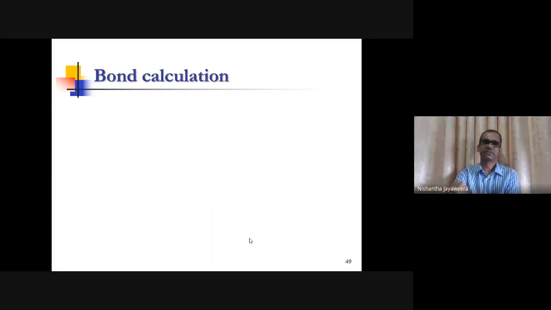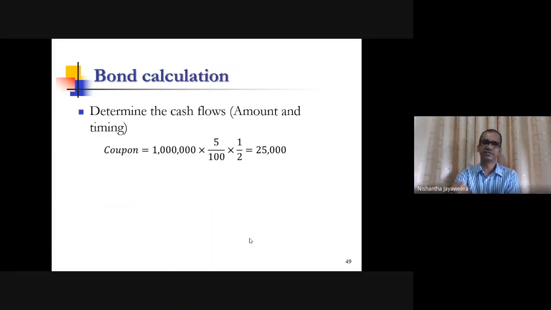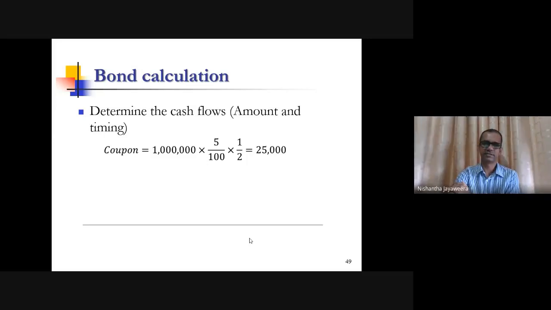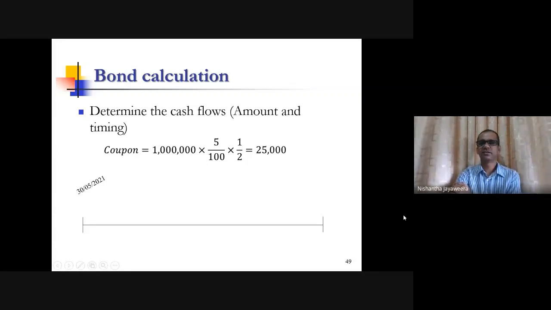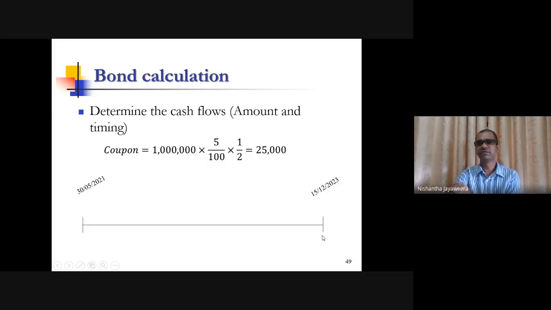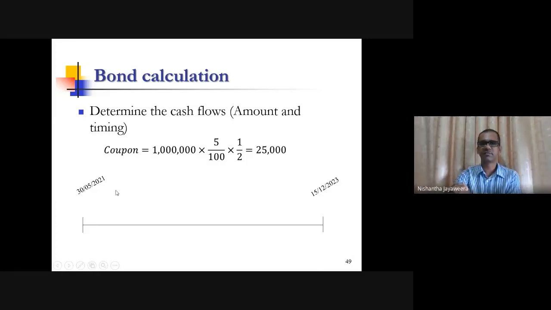Then we have to decide the cash flows as we did earlier. Two ends. What is this? This is the settlement date. What is this end? That is the maturity date of the bond. Then the coupon dates come back every 6 months.